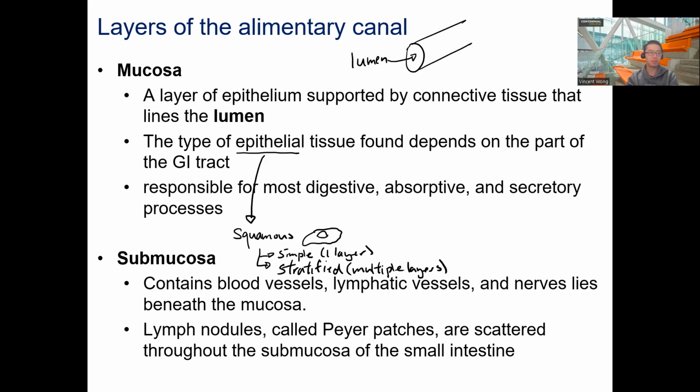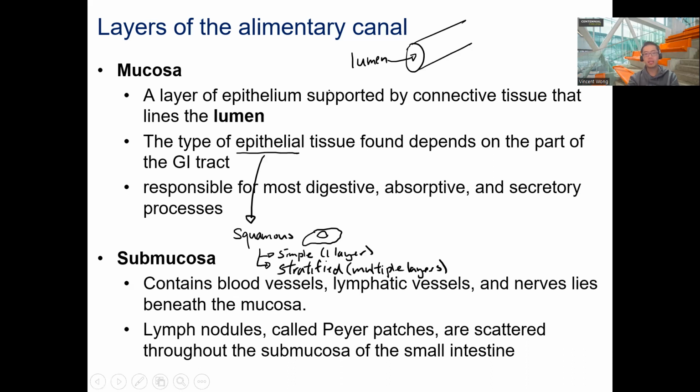We don't want to be bleeding every time we eat, so we want multiple layers for protection. So those are some of the examples. We can look at some more examples later. In fact, in the respiratory system, we learned about the ciliated columnar, which is another type of epithelial tissue. So depending on which part of the GI tract we are at, the type of epithelial tissue would be different.